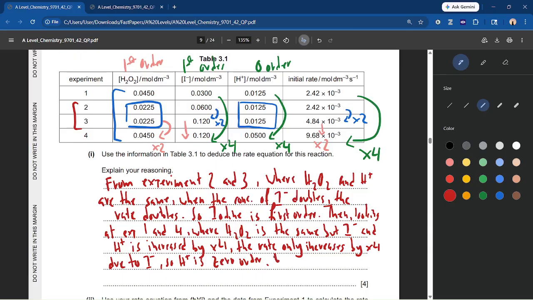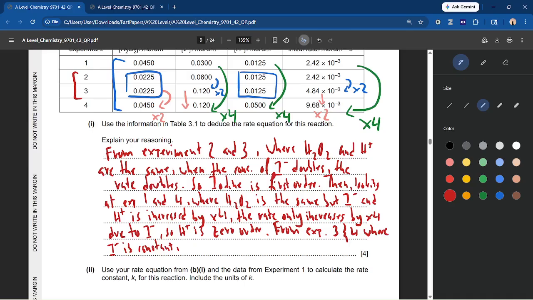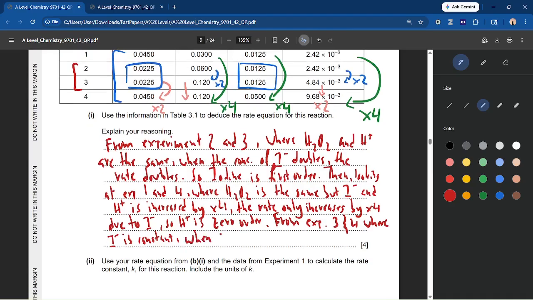And then using experiments 3 and 4, where I minus is constant, when the concentration of H2O2 is doubled, the rate doubles, so it's first order.